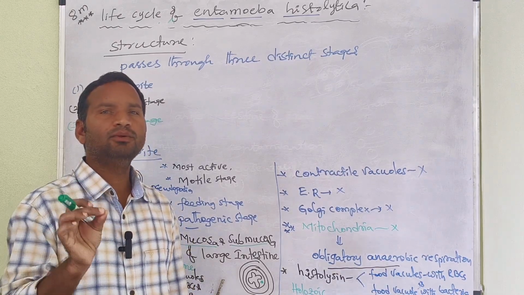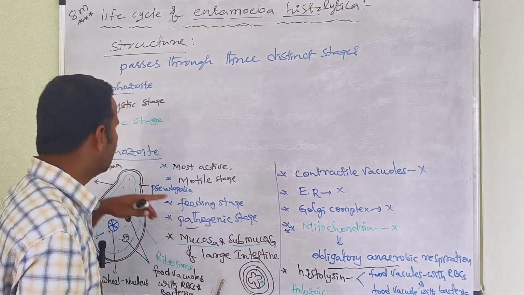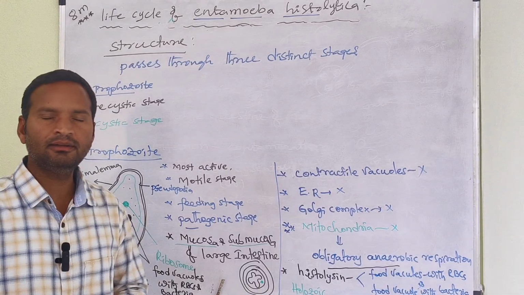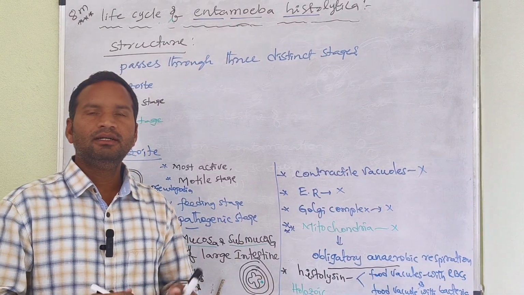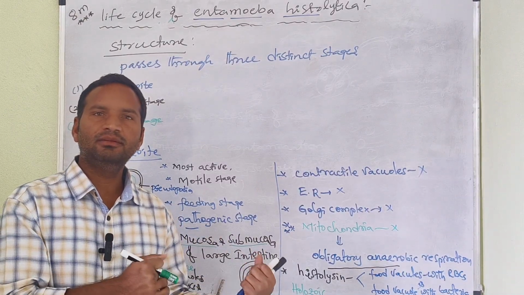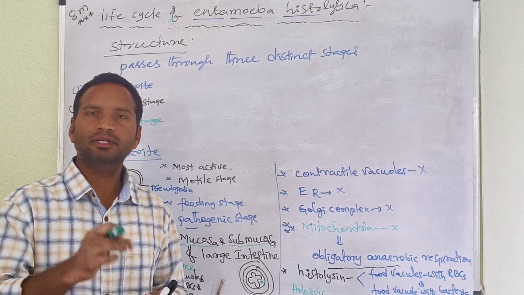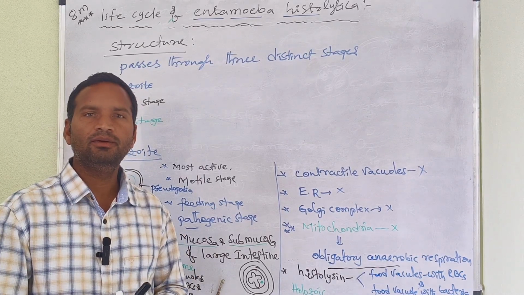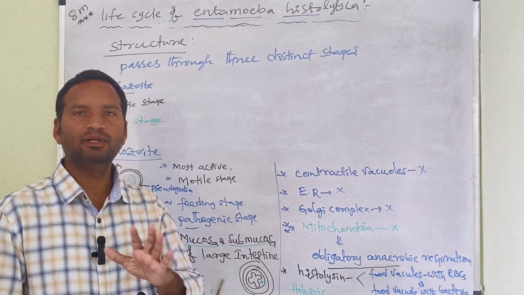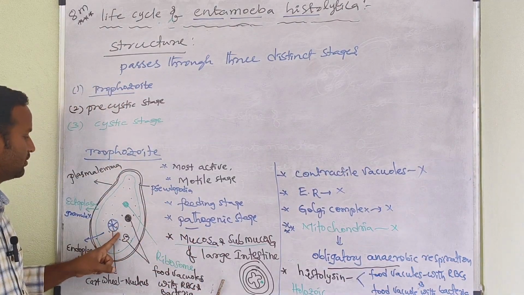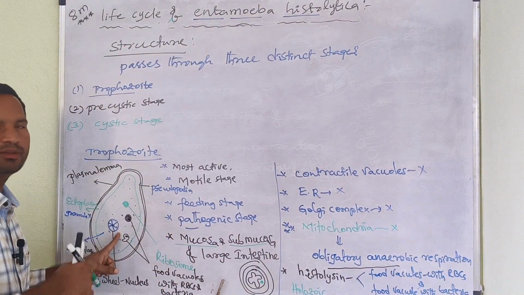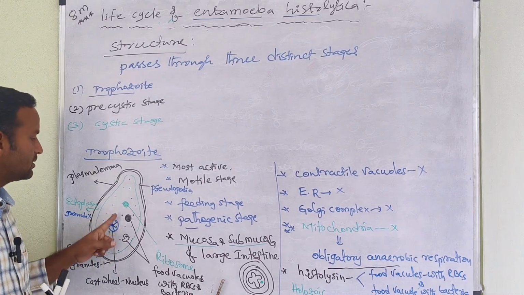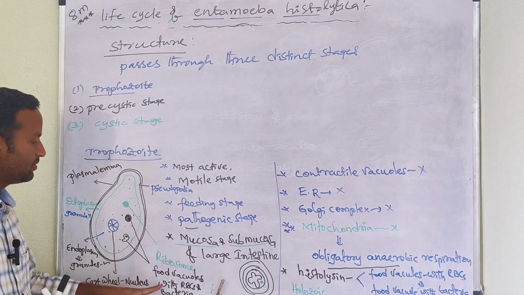One of the most important points about the trophozoite is what is characteristic of this stage: the presence of RBCs within food vacuoles and a cartwheel shaped nucleus. The cartwheel shaped nucleus is characteristic of the trophozoite stage, as well as the food vacuole with RBCs.